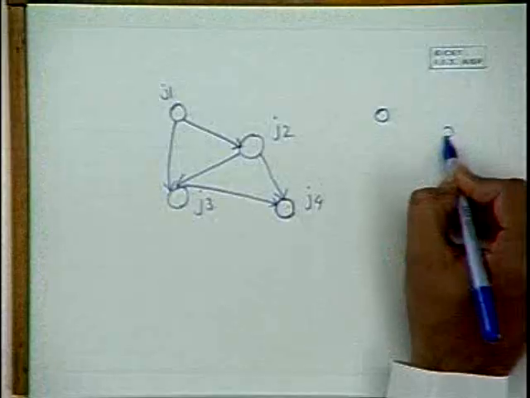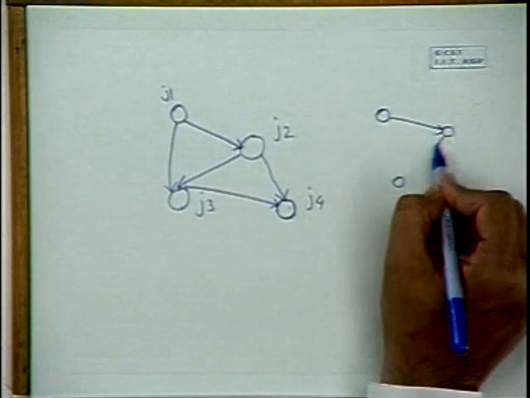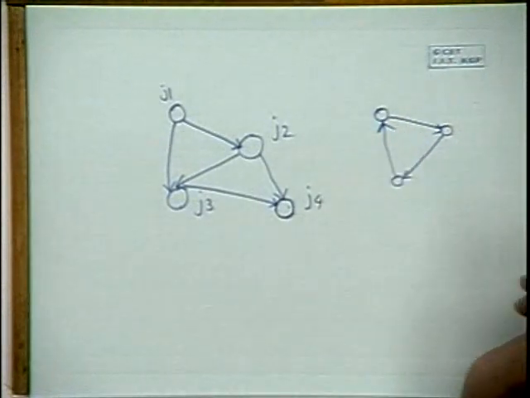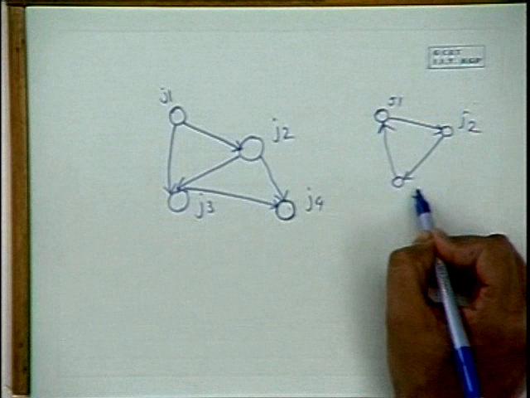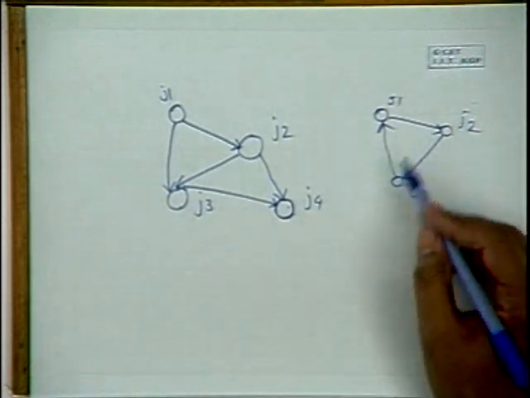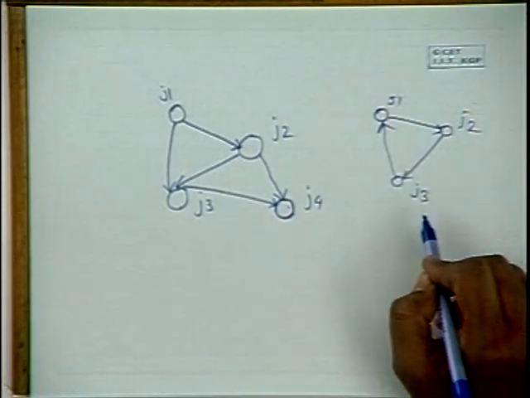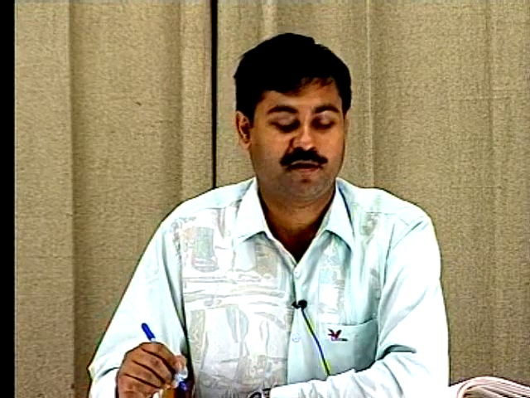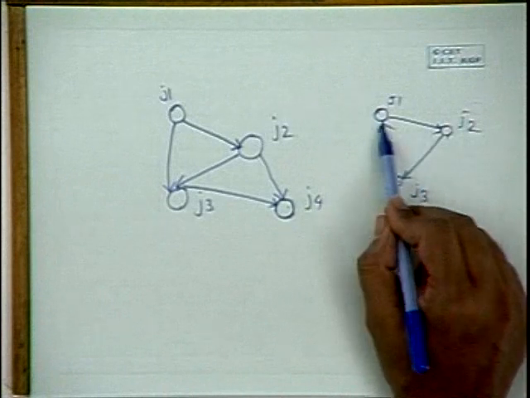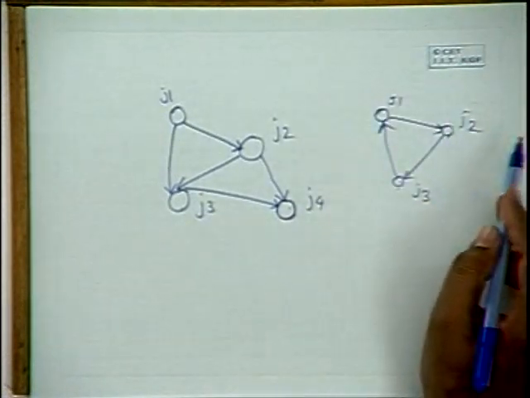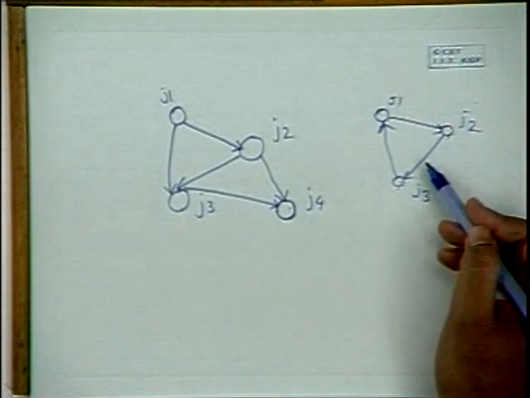Otherwise you cannot do it. Suppose we have a graph like this, say with 3 vertices, with this dependency. So suppose J1, J2, J3. No way you can schedule all the jobs such that all the requirements will be valid. Because J1 is dependent on J3, J3 is dependent on J2, J2 is dependent on J1. It's a cyclic dependency. So you cannot solve this problem.